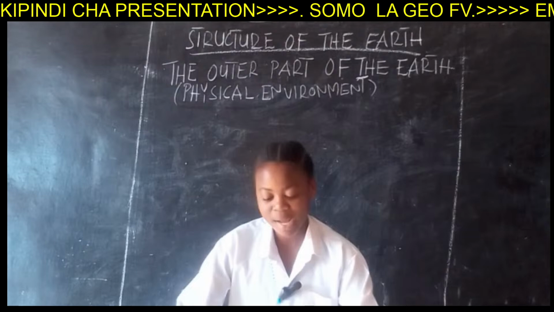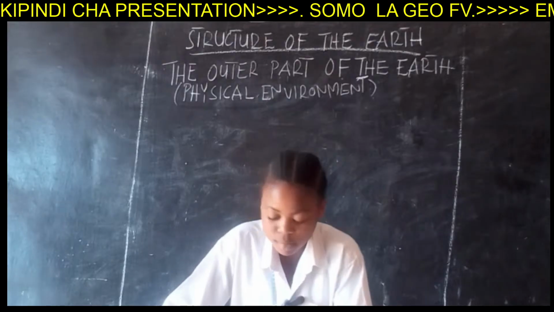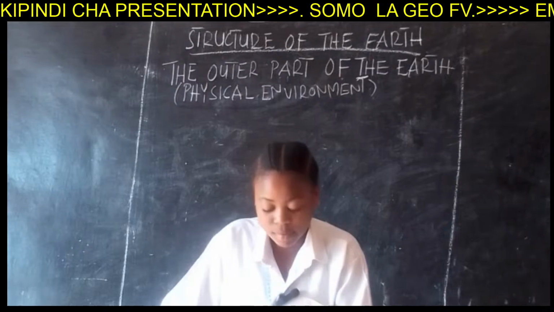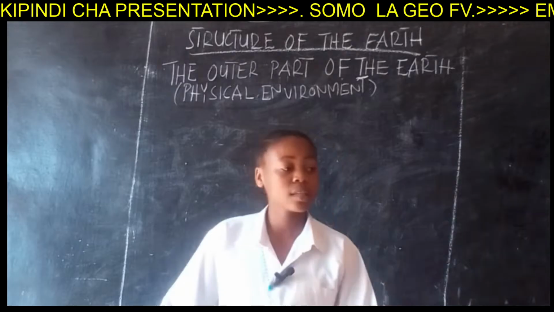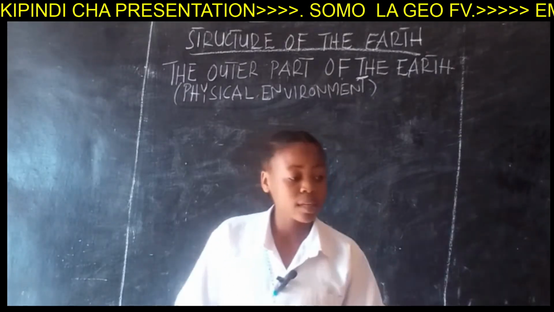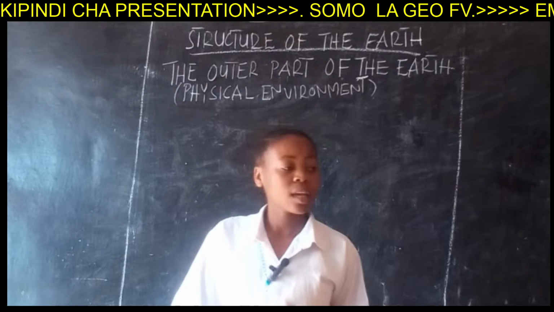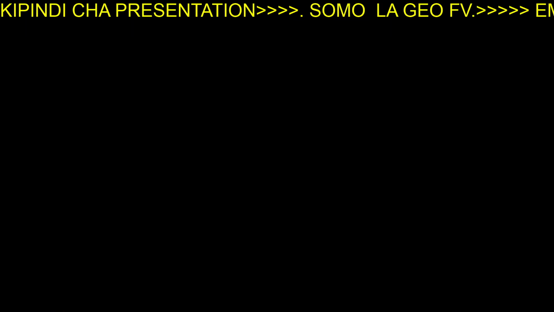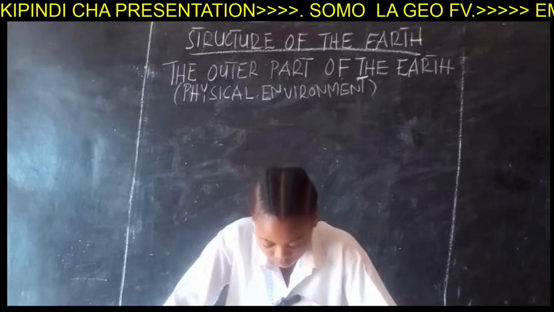This is the outermost part of the earth, about 6 to 14 kilometers thick. The thickness of crust or lithosphere is 6 to 14 kilometers. You understand?